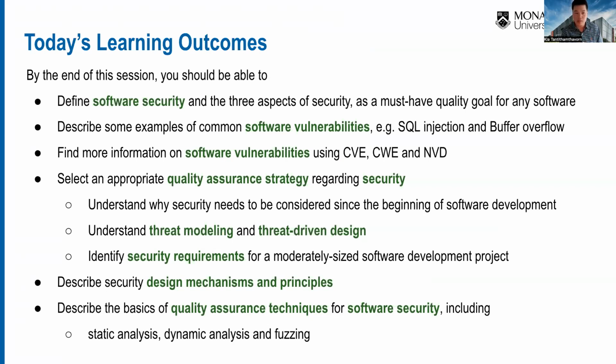We will talk about that as well, and how we can develop the quality assurance strategy for software security. What is threat modeling and threat-driven design? How can we identify the security requirements? How can we decide the security mechanisms and incorporate them into the software design? We also talk about techniques to detect security issues, like static analysis, dynamic analysis, and fuzzing.